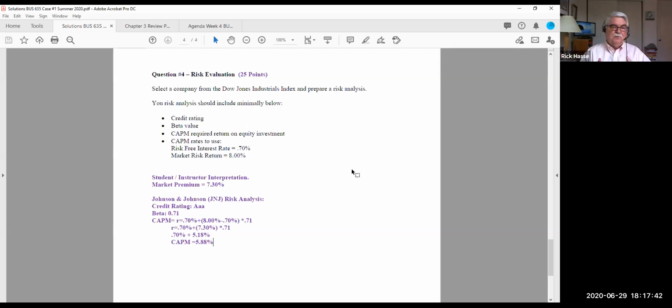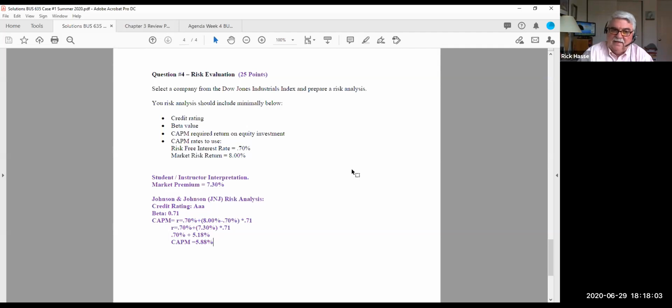So based on the risk of Johnson & Johnson in today's market, their beta is calculated at 0.71. If I were to buy stock in Johnson & Johnson at this time of year, on this day, I would expect a return on equity of 5.88%.